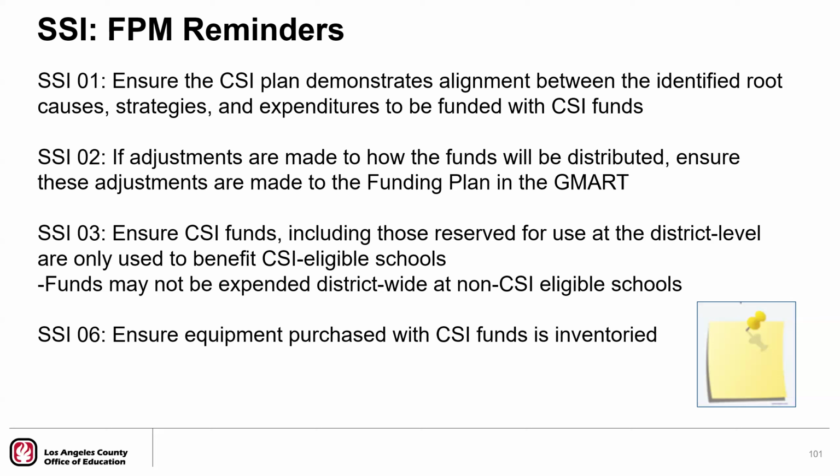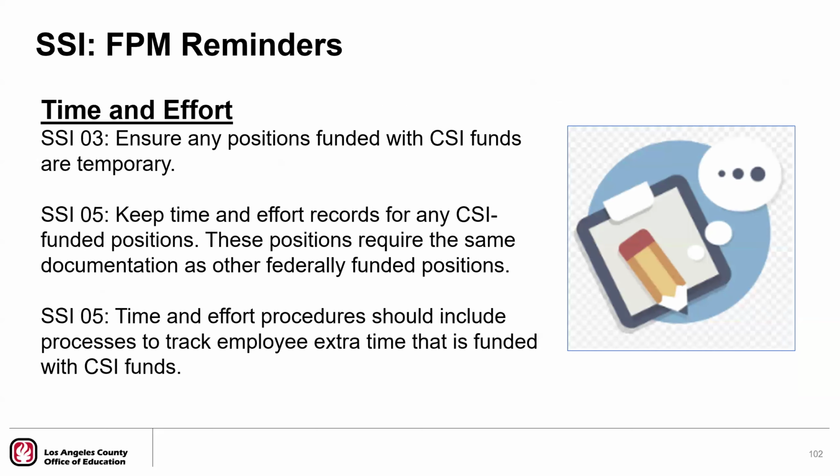For SSI 6, ensure that the equipment purchased with CSI funds is included in your historical inventory, as well as part of your 2-year process of reconciling it. And lastly, here are some FPM reminders specifically about time and effort. SSI 3, ensure any positions that are funded with CSI funds are temporary.